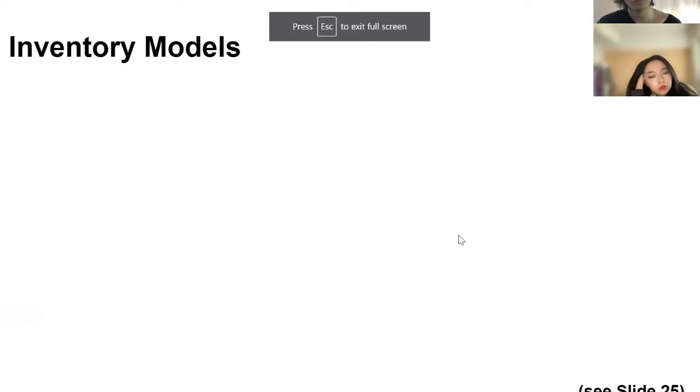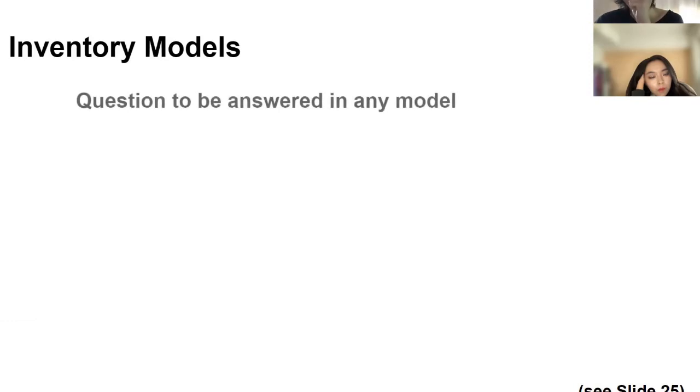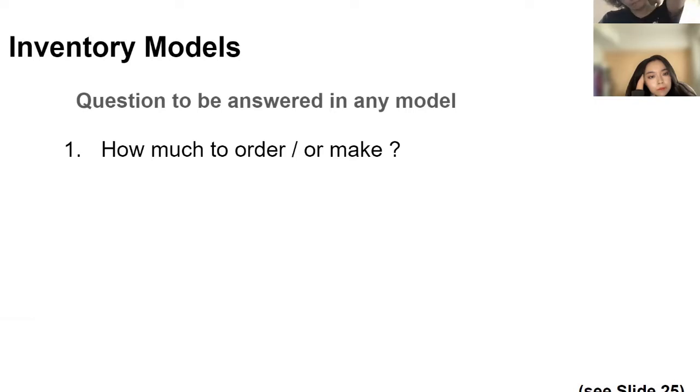I've talked about inventory and you have already understood what the function of inventory is, and you know how to classify using ABC analysis. When you control inventory, you want to have these questions answered: how much to order, or how many to make.